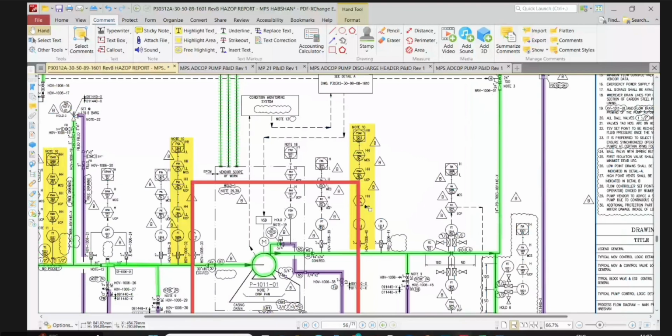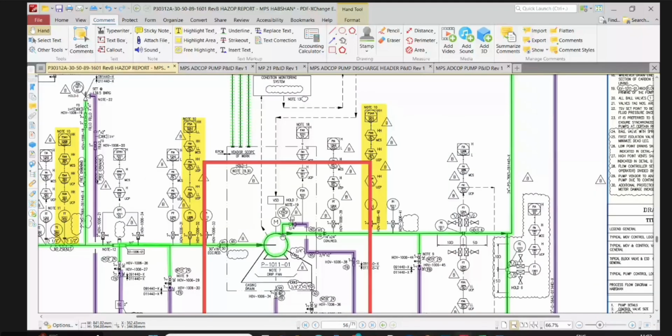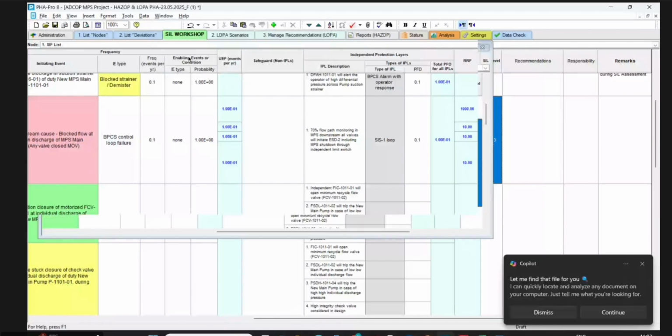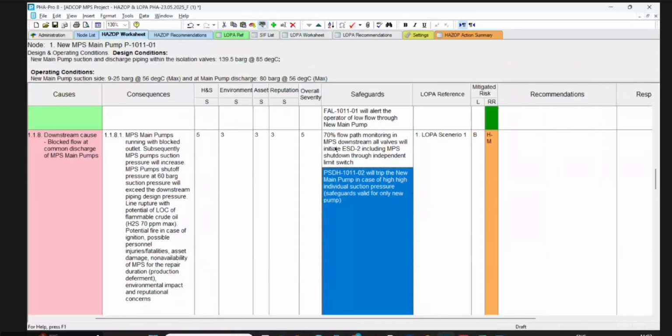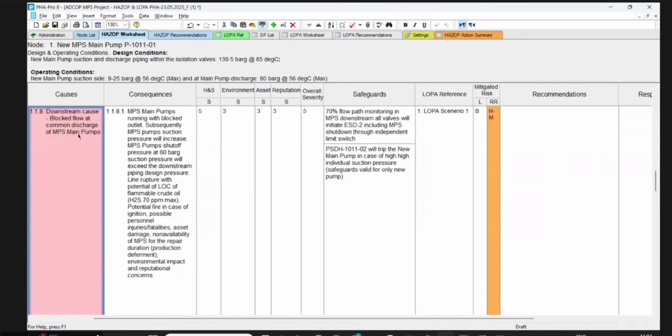Yes, because in the HAZOP, can you show it? In the HAZOP, I will definitely come back to you. Okay, let me share. If you see the HAZOP, it has considered only this safeguard in case of downstream blockage. This is the cause.